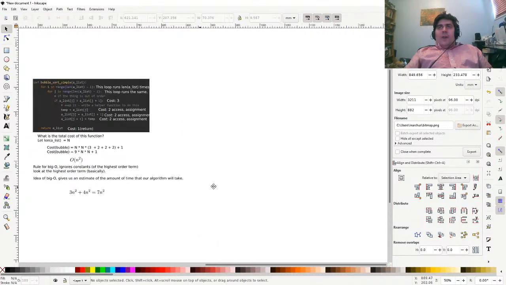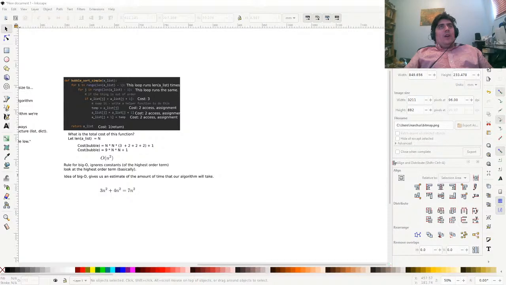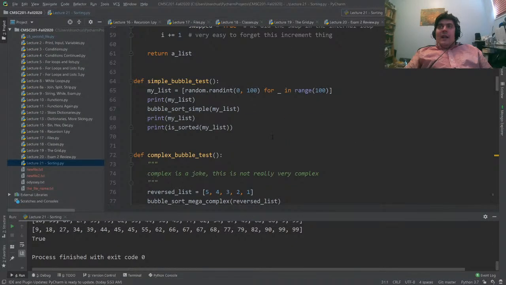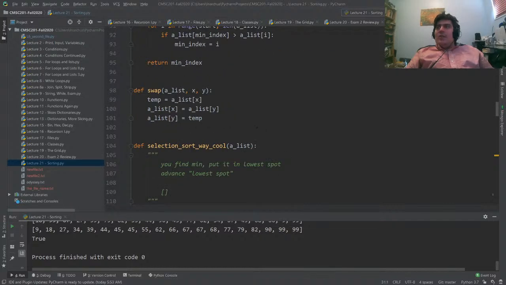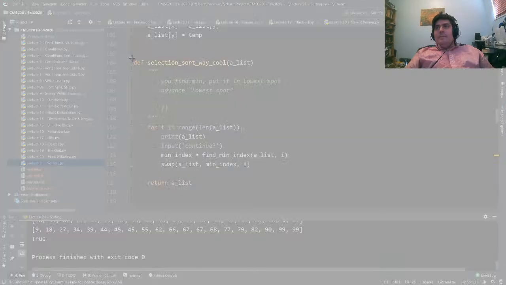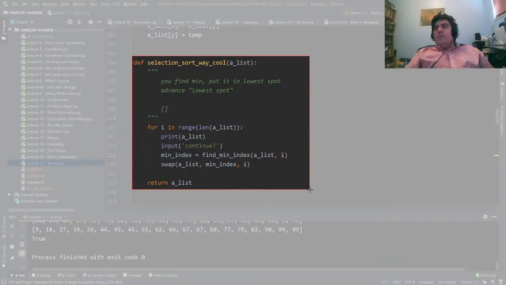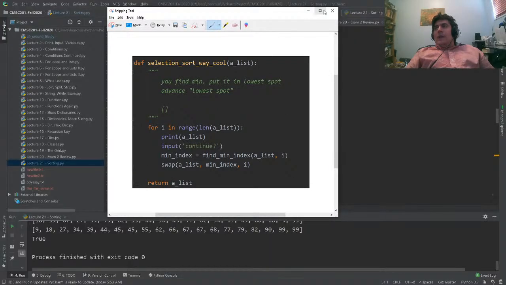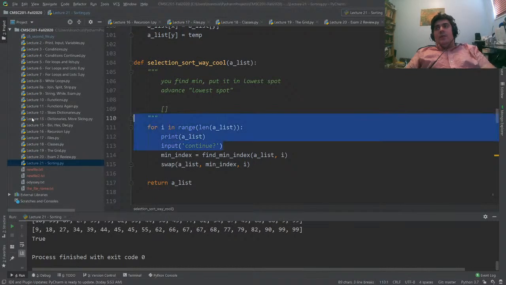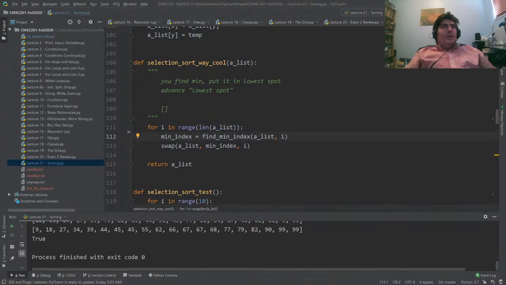All right, so let's do another algorithm to try to compute the cost of its runtime. Let's look at selection sort, maybe. And maybe what we'll do, at least for this time, is we'll delete these two lines here because they're not actually part of the selection sort.